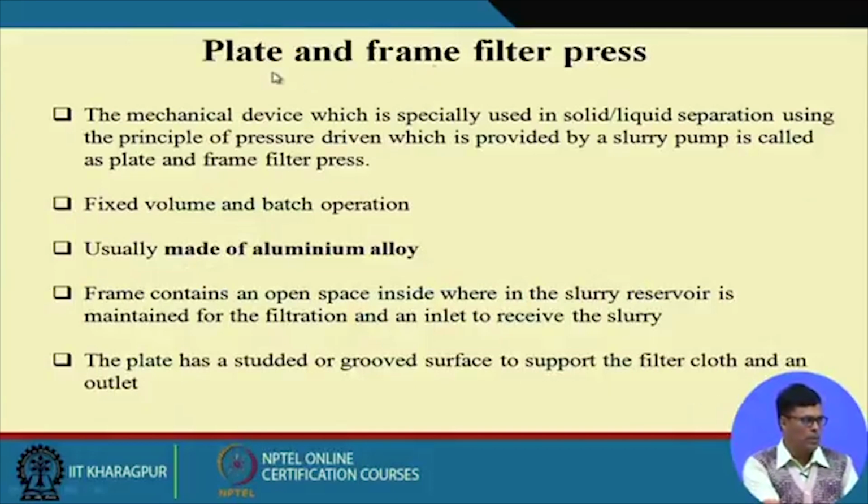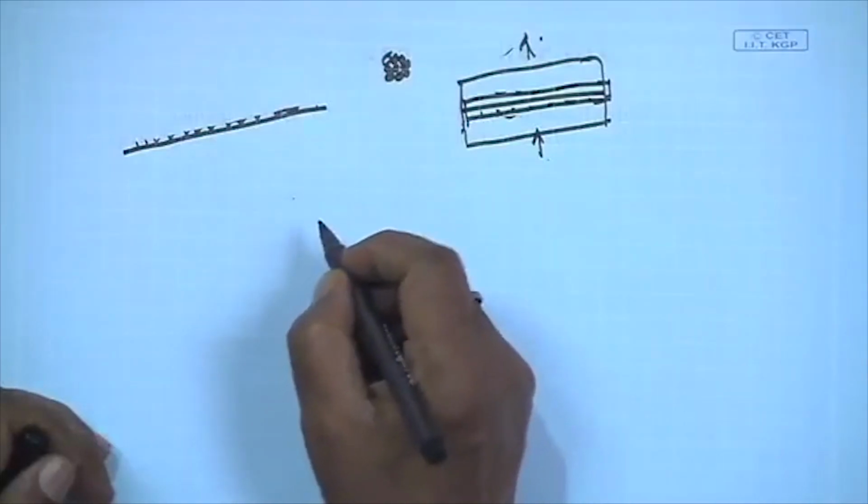Now, for example, the plate and frame filter press is a mechanical device specially used in solid liquid separation using the principle of pressure driven flow, which is provided by a slurry pump. Now, what do you mean by the plate and frame filter?